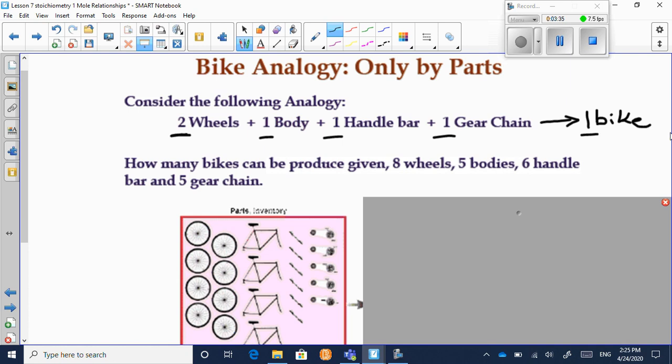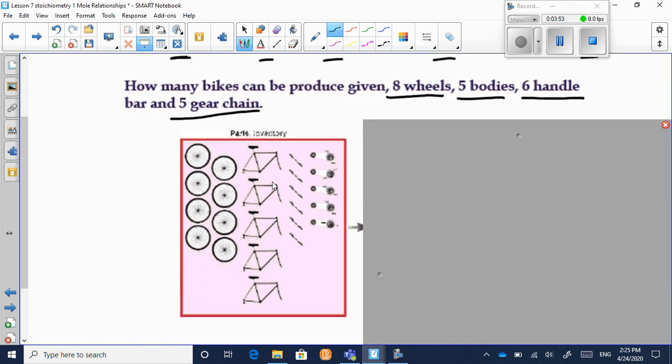This would be a typical question in stoichiometry. How many bikes can you produce if you're given 8 wheels, 5 bodies, 6 handlebars, and 5 gear chains? You've got to look back at your equation, and that's going to tell you. They've shown them here as pictures, but there are your 8 wheels, your 5 bodies, your 6 handlebars, and your 5 gear chains.